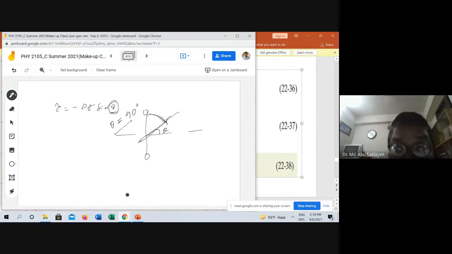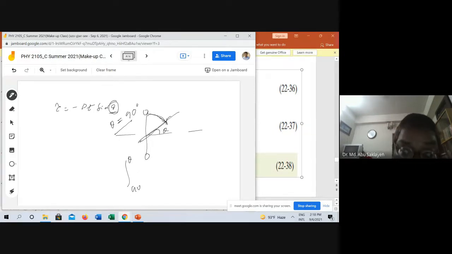So now when it rotates through angle theta, what will be the torque at this position, right? Through an angle theta, so integration will be from 90 to theta.